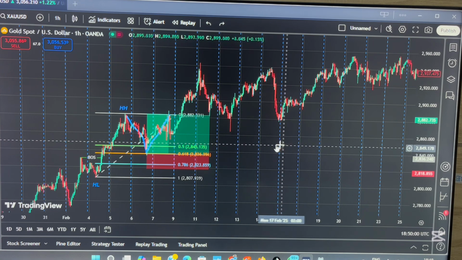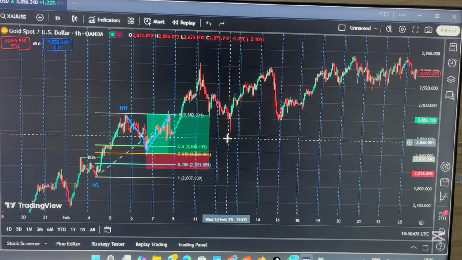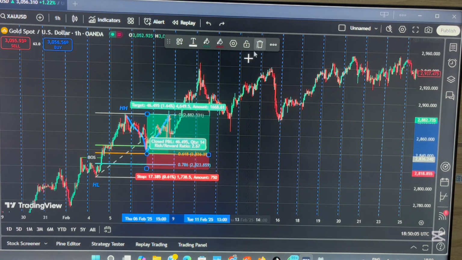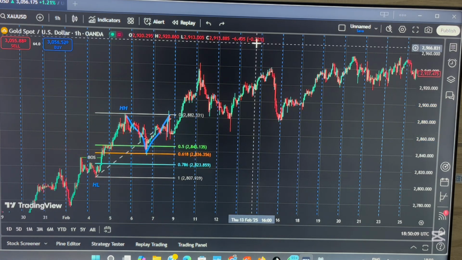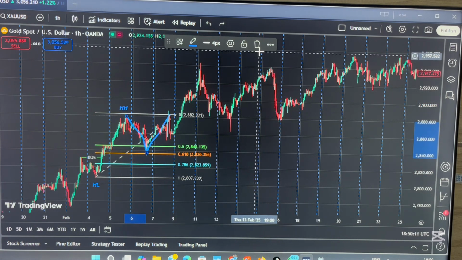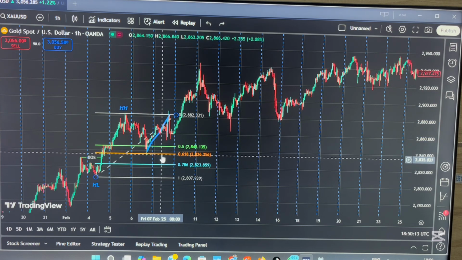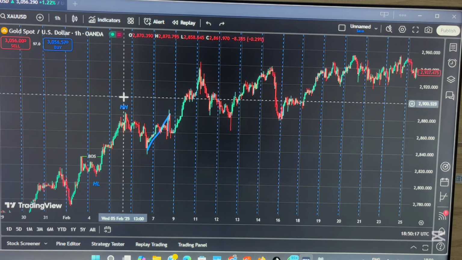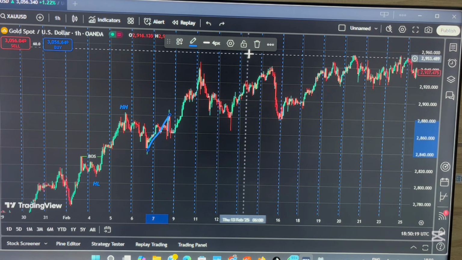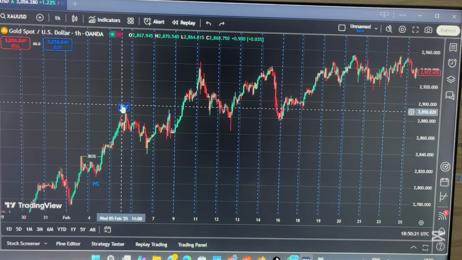Now, if you observe, you will observe that the market has created another high. Another high has been created here.